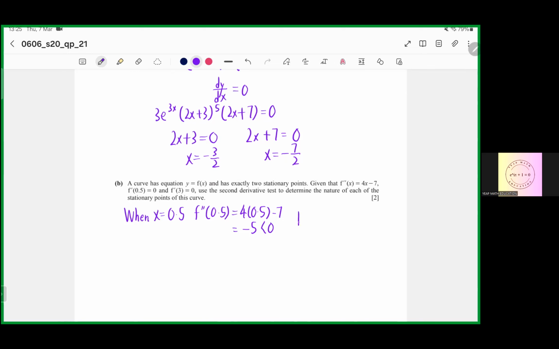This will represent a maximum point. When x equals 3, f double prime 3 equals 4 bracket 3 minus 7 equals 5, more than 0. So it means it will represent a minimum point.